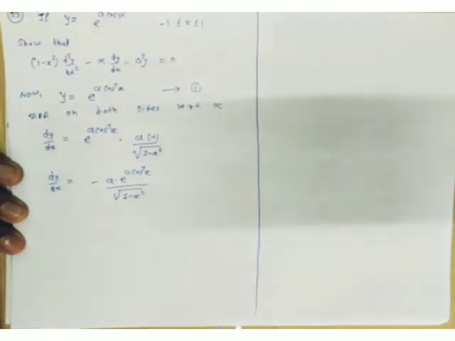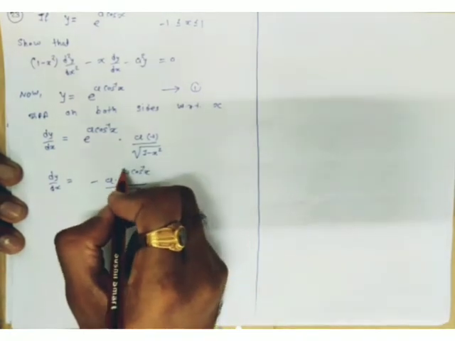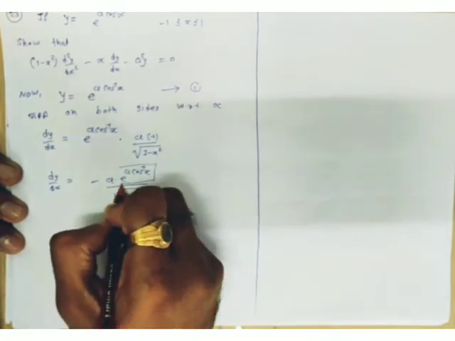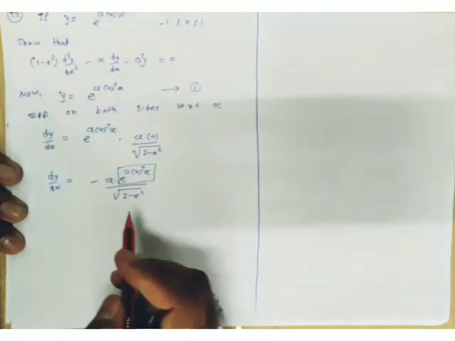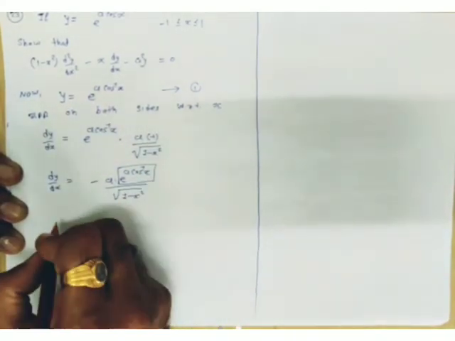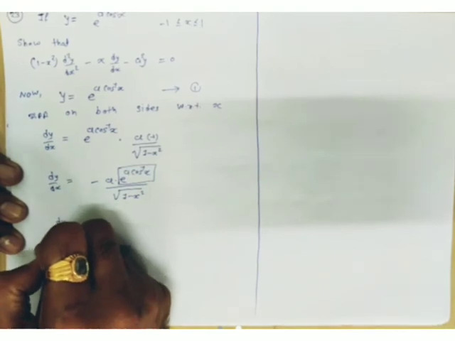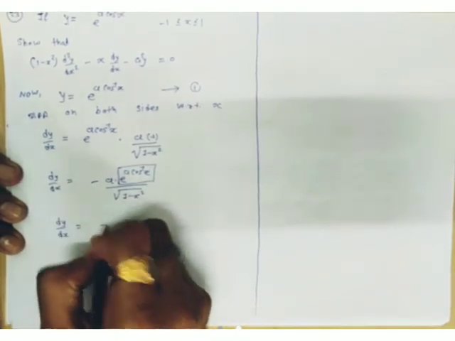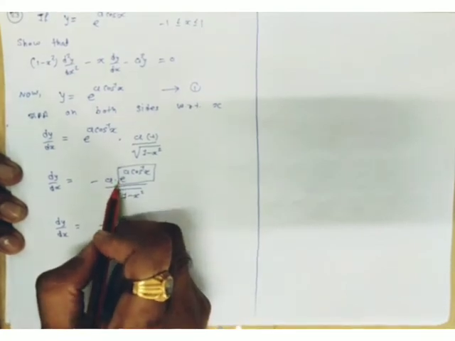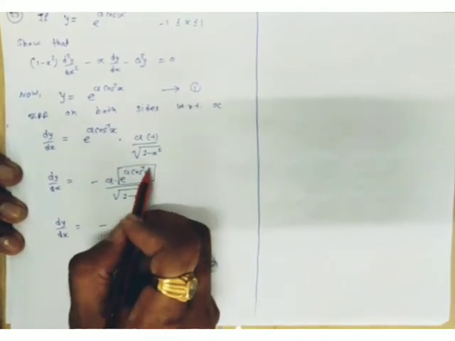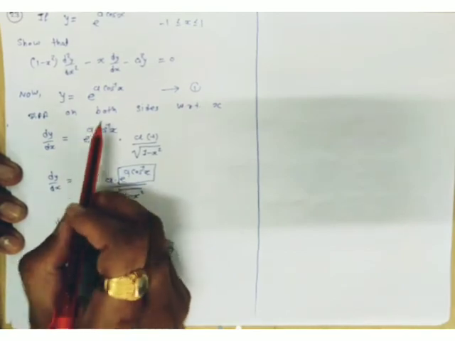So students, if we check equation number 1, we can write e raised to a cos inverse x equal to y. So by using equation 1, we can write dy by dx as minus a into this term e raised to a cos inverse x, which is our given y.